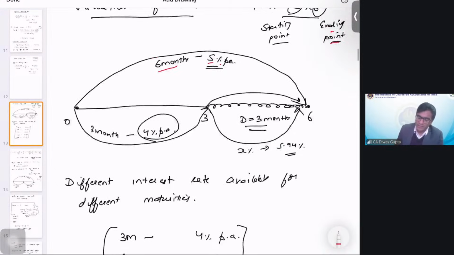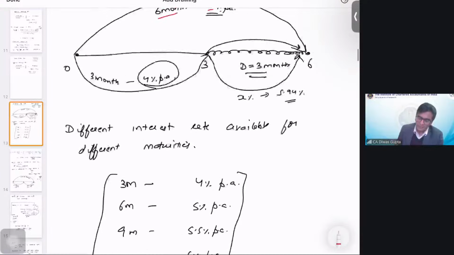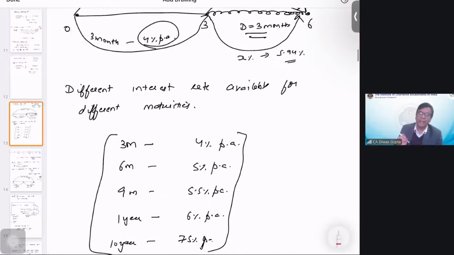Let me explain. For different maturities, there are different rates. Lower maturities have lower interest rates, higher maturities have higher interest rates.